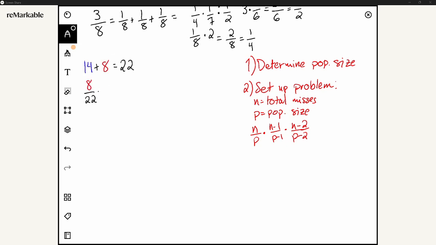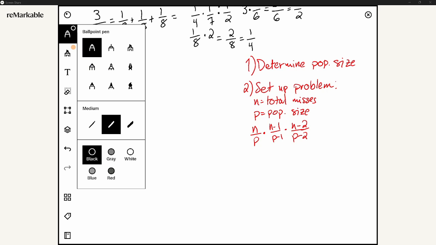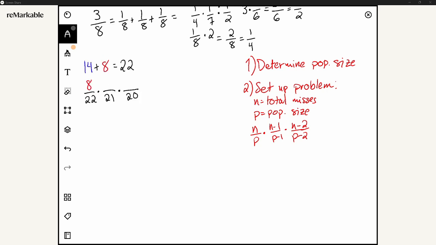Now for the next step, it's going to be over the total population size minus 1, and then for our final factor, total population size minus 2. Next, we're going to say, all right, well, we had 8 misses initially. 8 minus 1 is 7, and 7 minus 1 is 6.